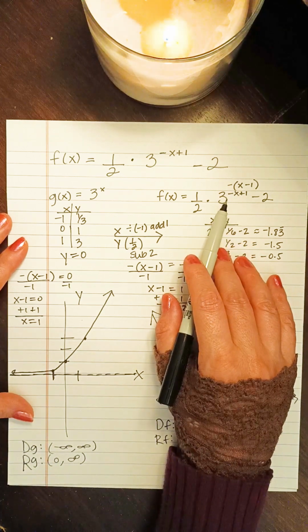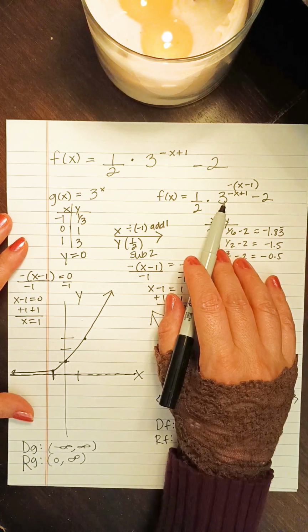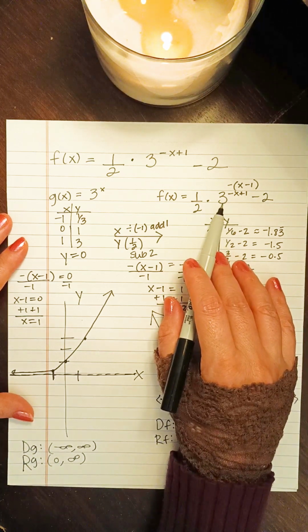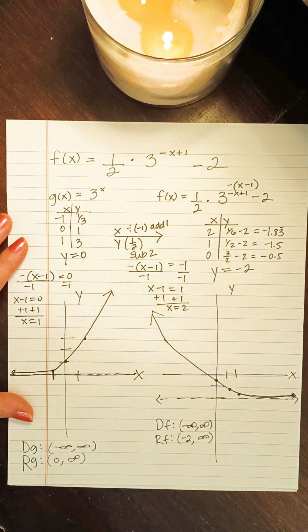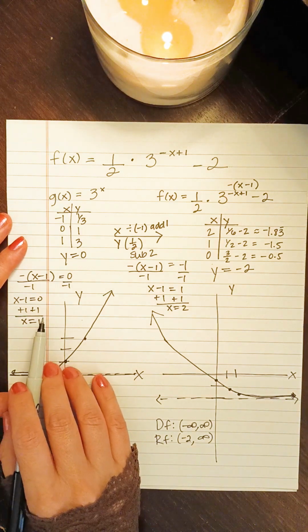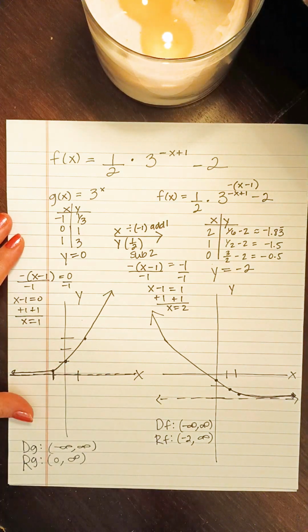That's what you want. That's easy. And then you do the order of operations, right? 3 to the 0 is 1, times a half minus 2. That's why we have this. That's why for the y it's just as you see it, because you're just finishing out evaluating the function.